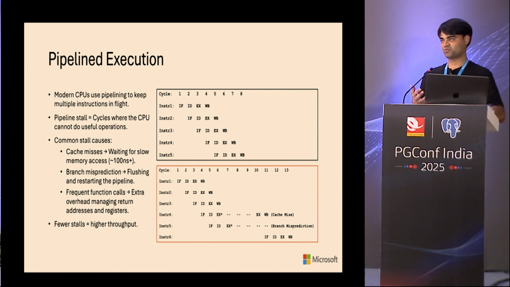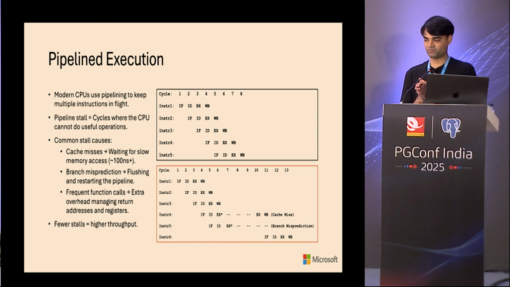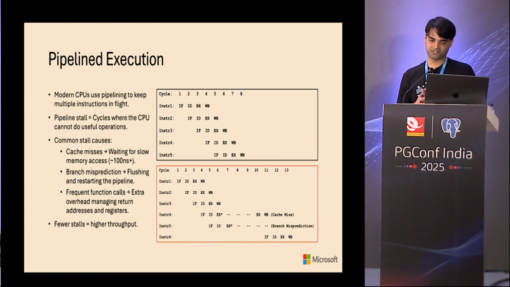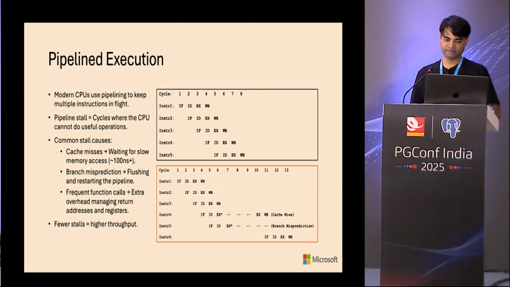But if the CPU runs into cache misses on data or instructions, then it's going to stall because it has to wait to get a piece of data from memory into its cache. When that happens, for example, if an instruction in this diagram has to fetch some piece of data from memory, then it's going to stop working, and the next instruction also has to stop because the execution unit is waiting for the data to get into the cache.